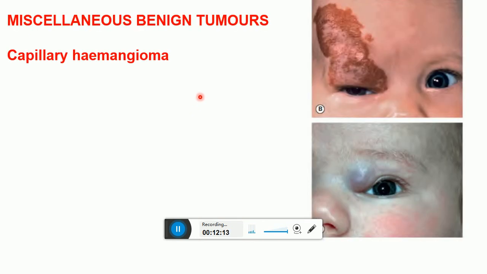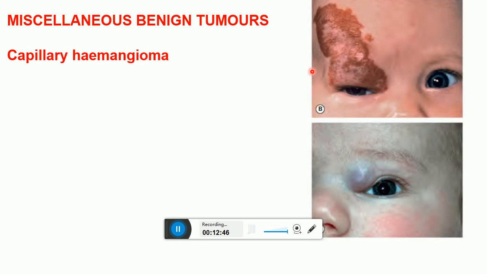There are some other benign tumors such as capillary hemangioma, which every one of you will have seen. It is also known as strawberry nevus, and it is one of the most common tumors of infancy. It is 3 times as common in girls as boys.